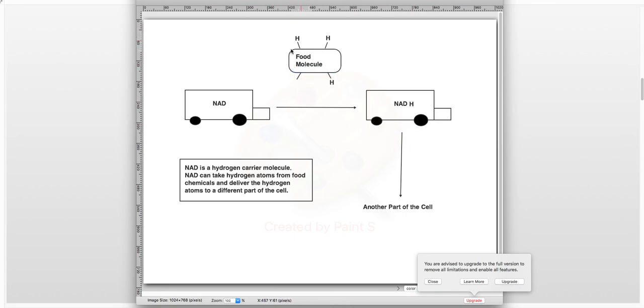So this is the process that gets food to start to fall apart, when you remove the hydrogen from it. The bonds are broken, now they have to rearrange in a new way. And then the NADH, which is created, can bring that hydrogen to another part of the cell where the hydrogen electrons can be slowed down and give up even more energy.